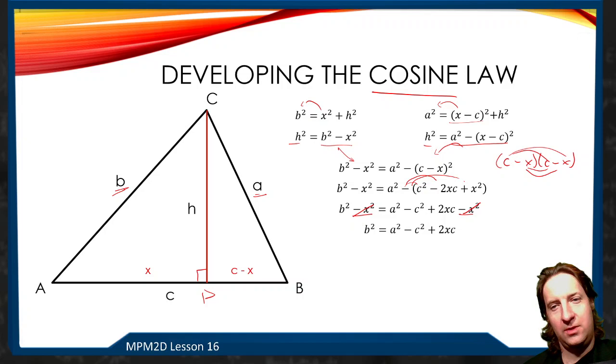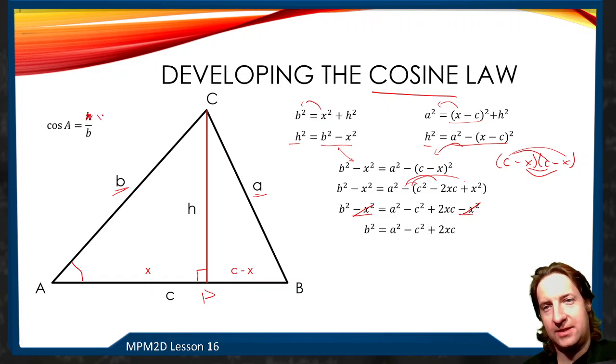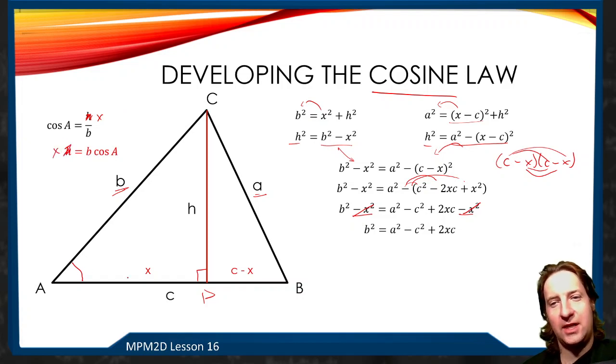And we know that the cosine of A is going to be equal to x. Uh-oh, I made a mistake here. That should be x. Oopsies, that should be x as well. The cosine is going to be the adjacent side, which is x, divided by the hypotenuse, which is b. So x is just b cosine of A.